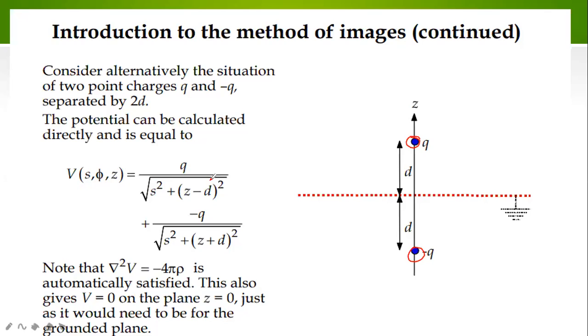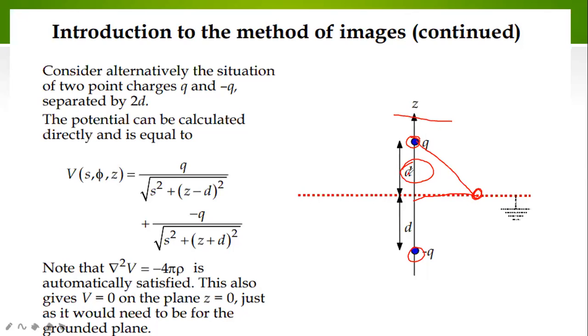If we are considering some infinitesimal distance s, then we know that potential V is equal to kq over r, where r is the distance under a root. If we want the potential at a point here, the direct distance, this is your d, this is your whole z.